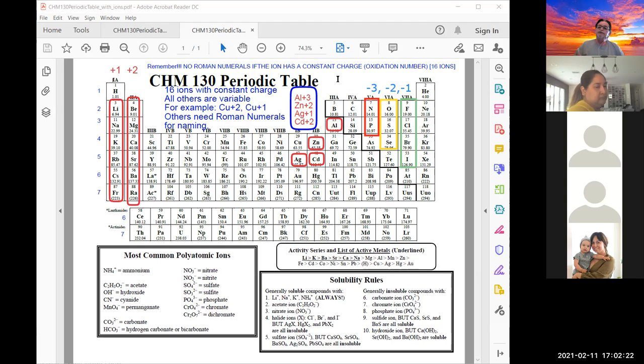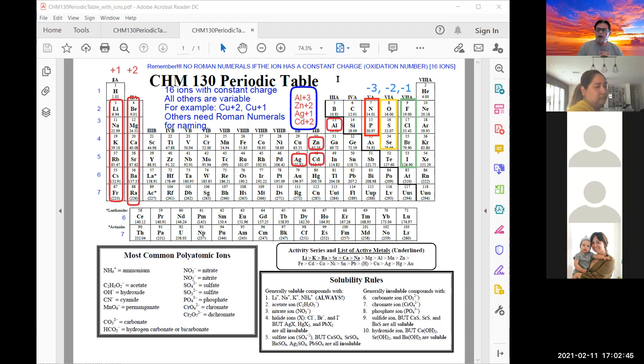Why? They're in group 7. They need 1 electron. So now you know 9 non-metal elements whose ion charge you know 100% of the time.